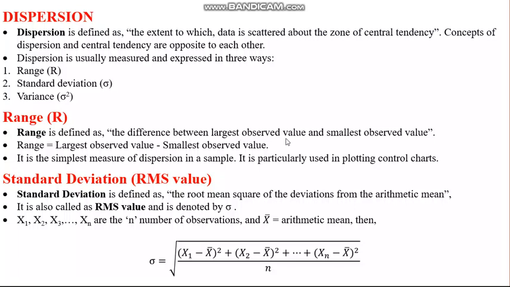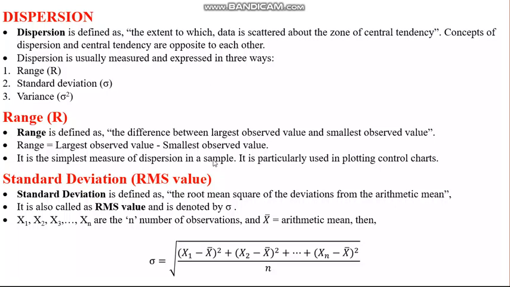Range is defined as the difference between the largest observed value and the smallest observed value. Suppose in a class of 60, the minimum marks scored are 40 and the maximum scored are 90. Then 40 to 90 is the range, the minimum value and the maximum value. Mathematically, the largest observed value minus the smallest observed value is the range.